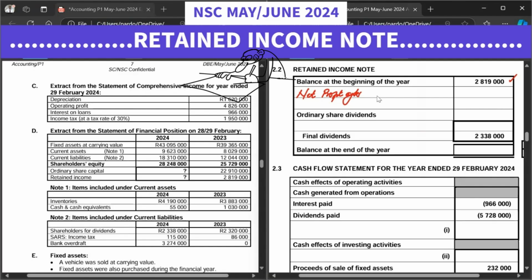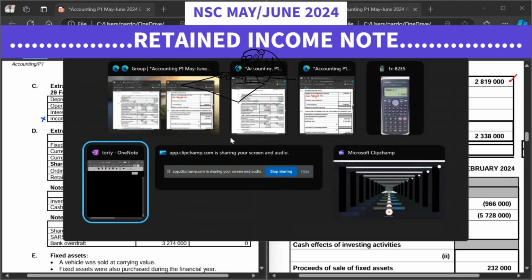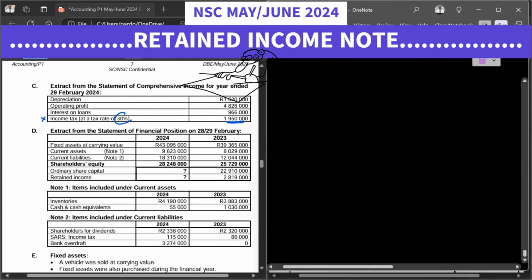All right. And I know that here in the information that I'm given, income tax at a rate of 30%. So what I need to get is the net profit after tax. Let me remind you of something that I know you already know, that in most cases, you will have to come back to what we call net profit before tax. So here's the net profit before tax in this scenario. It will be 100%. Your net profit before tax will be 100%.